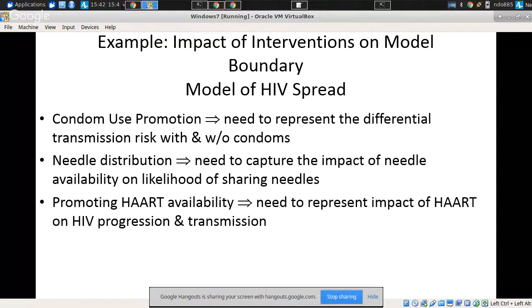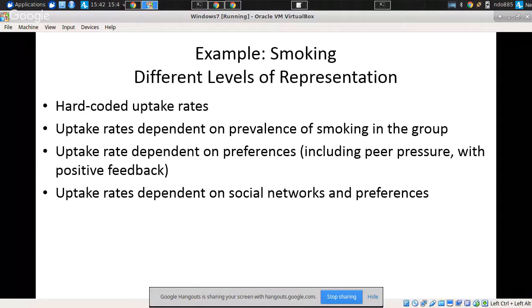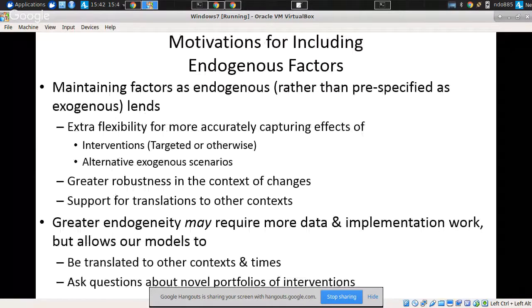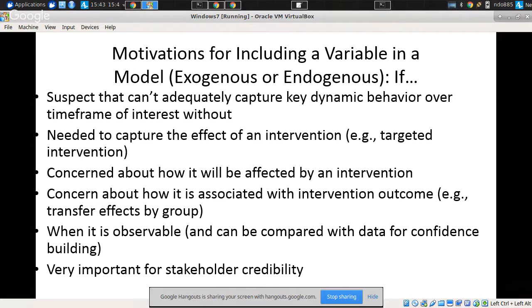I'm not going to go through all of these, but I have some examples, and I'll probably enable some more here. But in choosing what's endogenous in your model, you'll want to think through: what do I need for the model to generate to capture the outcomes I'm interested in? What do I need to represent in order to capture the effects of the interventions I'm interested in?